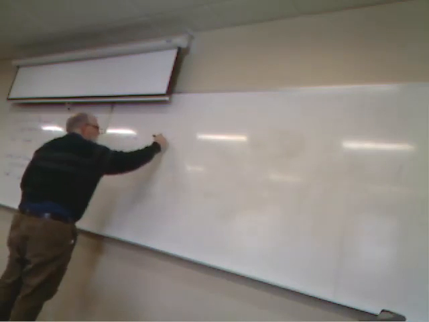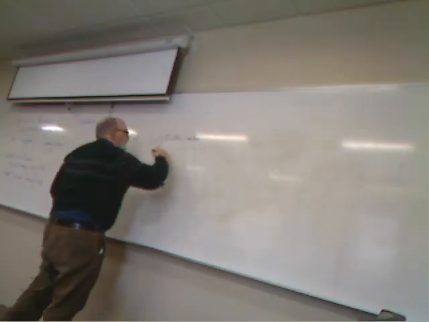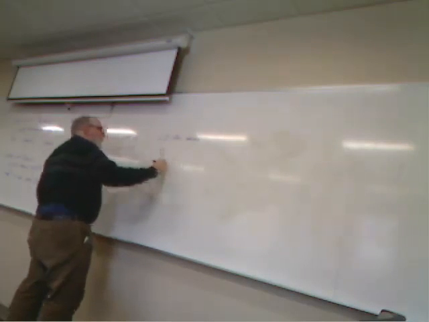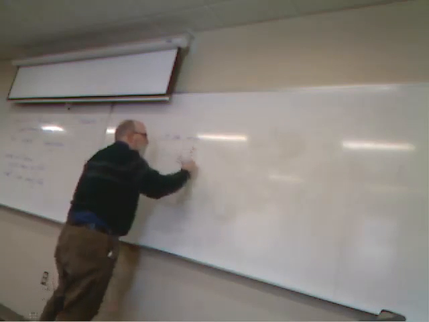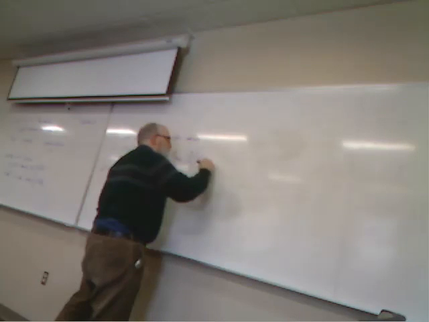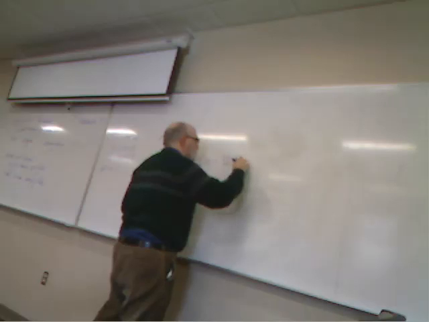The confidence interval for the mean is x bar minus t of alpha over 2 multiplied by s over square root of n. That's the left side. And on the right side, it's plus.